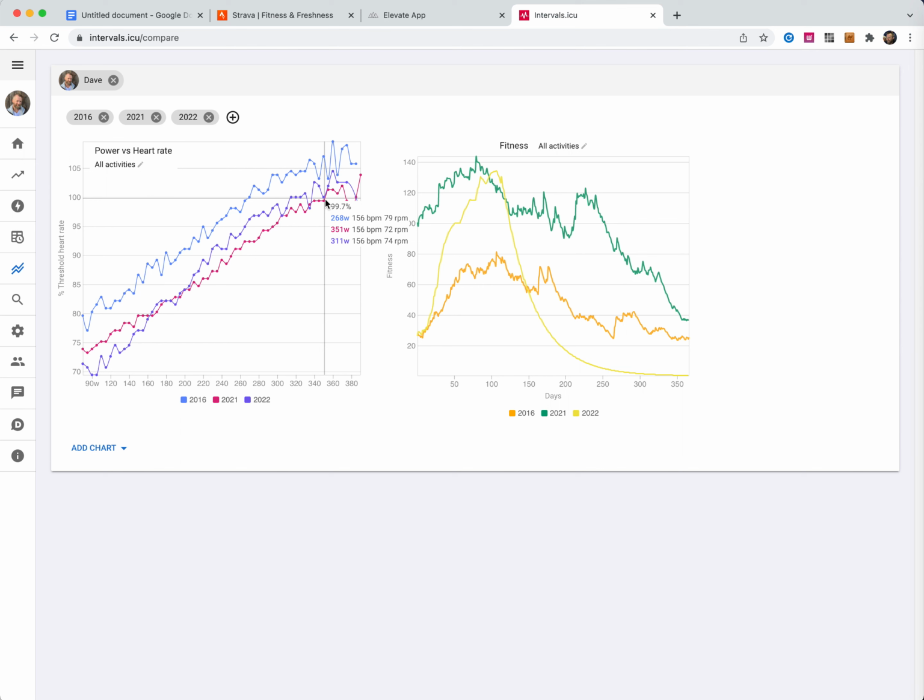Several years ago in 2016, when I had done a hell of a lot less training, it was 215 watts at my threshold heart rate. So that's a pretty good indication of improving fitness. The more watts you can do at the same heart rate, that shows efficiency.